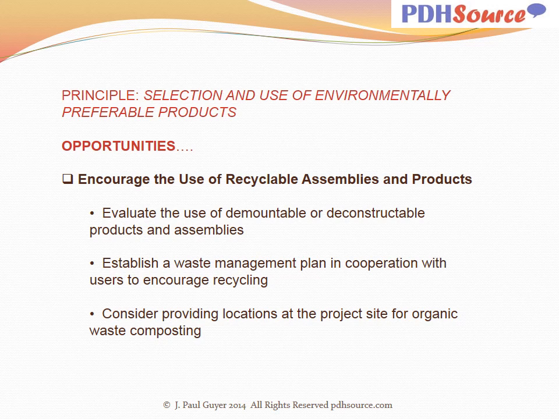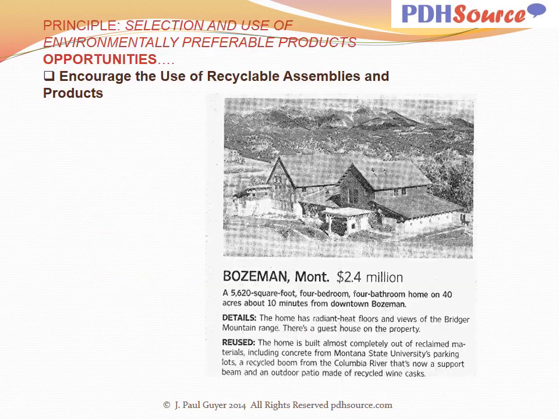And encouraging the use of recyclable assemblies are things that you can salvage from demolition of other buildings or structures and incorporate them into your structure. And you tend to not associate this kind of reuse of building elements with high-end residential construction.